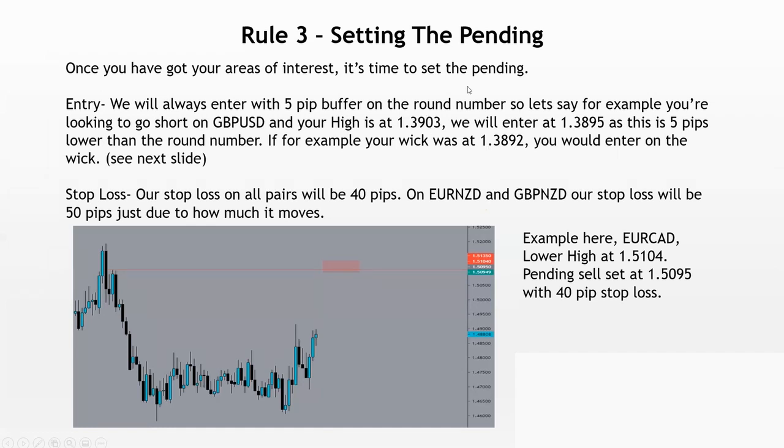That means the first confluence that price is going to be hitting is the wick, not the round number. So what do you think would be your entry price? I just want to say there is no buffer on the wick. What price would you enter at if you were looking for a sell and your wick was at 1.3892? Where do you think your entry price would be?